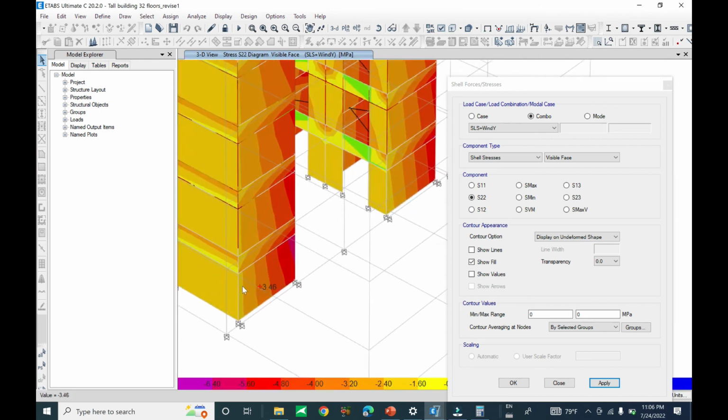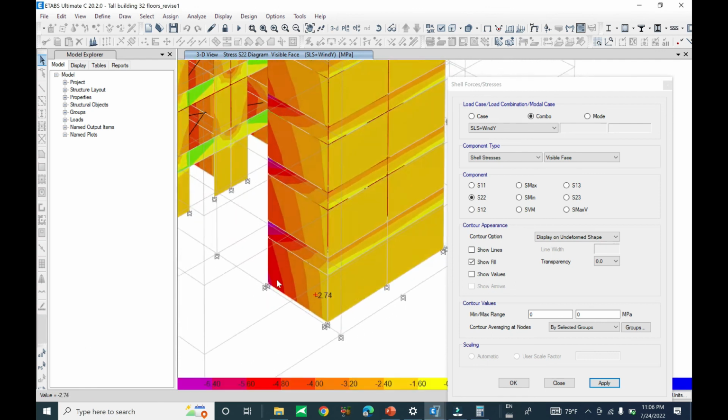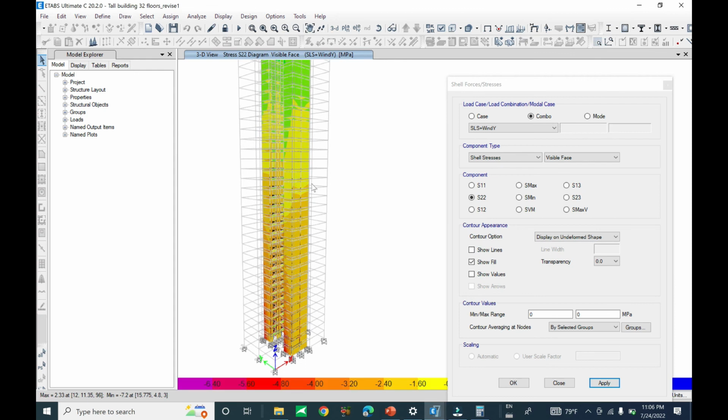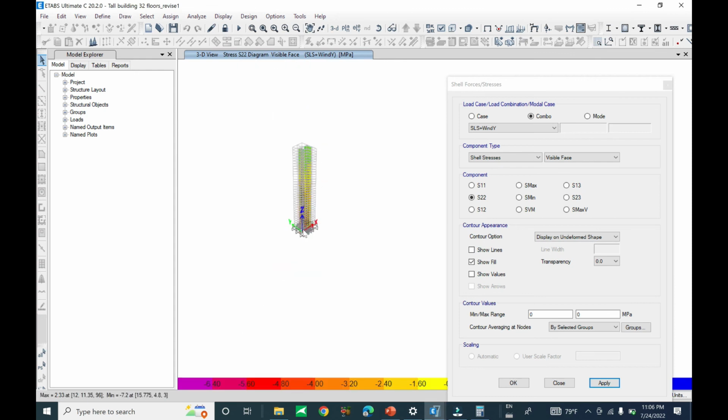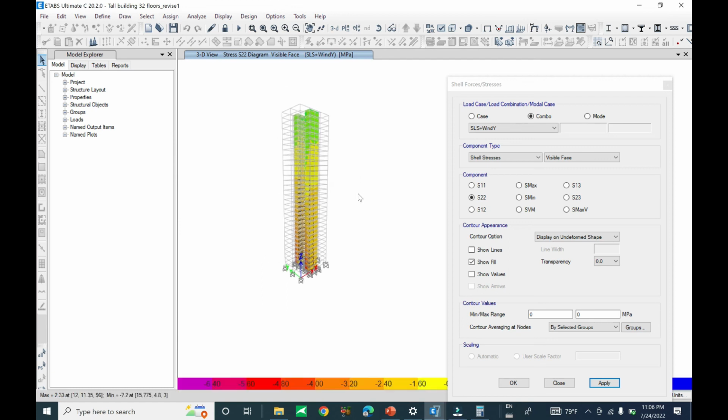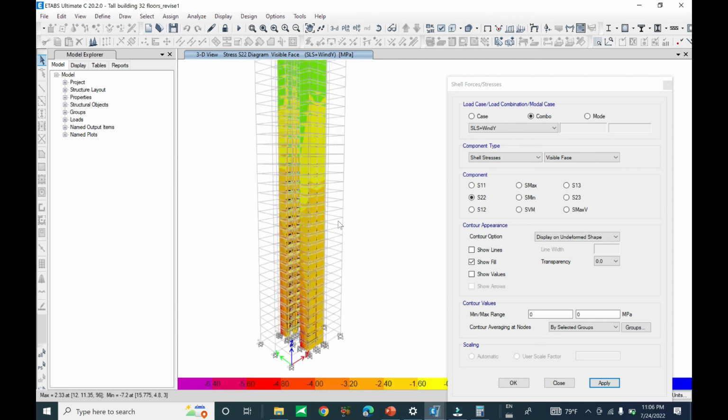This wall is an uncracked section. So you can modify the stiffness of the member to the uncracked section and run it again to verify the overall drift and inter-story drift. Also verify the natural frequency again.